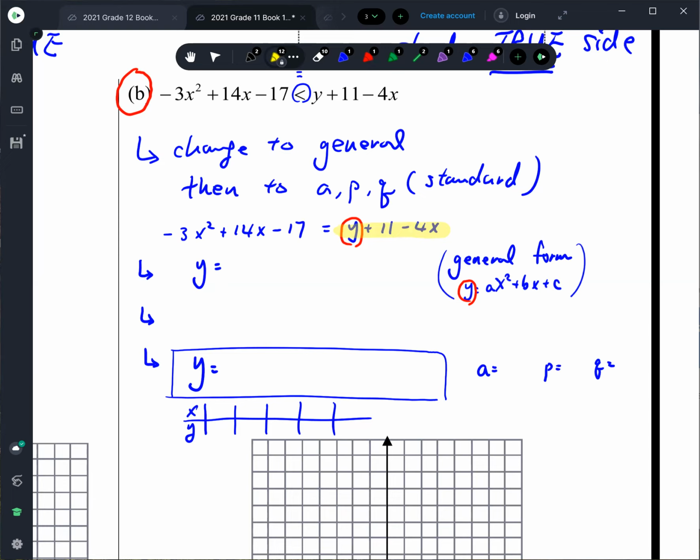Which ones are not y? What do you see on the right side? y plus 11 minus 4x. Yes, so the ones that are not y, you move over. Which ones are not y?